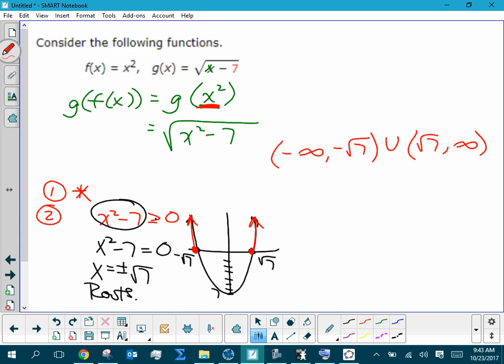If I say it that way, x is greater than or equal to the positive radical 7, and x is greater than or equal to negative root 7. Well, if I think about what that looks like on a number line, if there's negative root 7 and there's root 7, doesn't that look like this? That kind of makes sense? Where really we wanted that, didn't we? Okay, that's what we've got written over there in red.